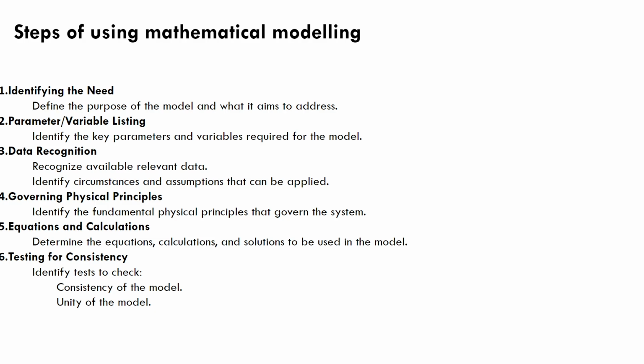And the last, also a very important point, is to check for the consistency of the model and the unity of the model. So your model should not break down. As I was talking about in the beginning, complex systems are very resilient in nature. You cannot just shift a state in a complex system by a simple perturbation, because it is resilient.